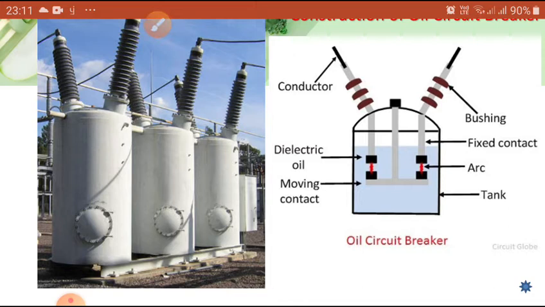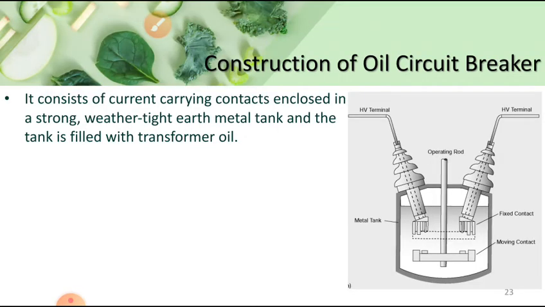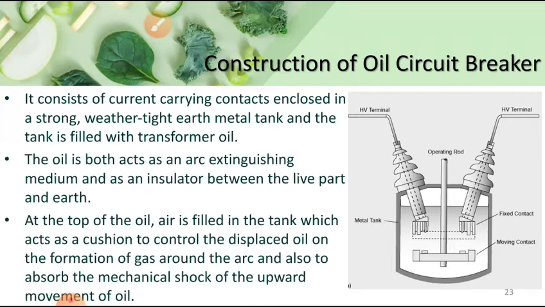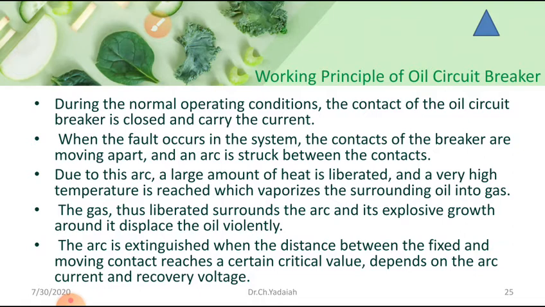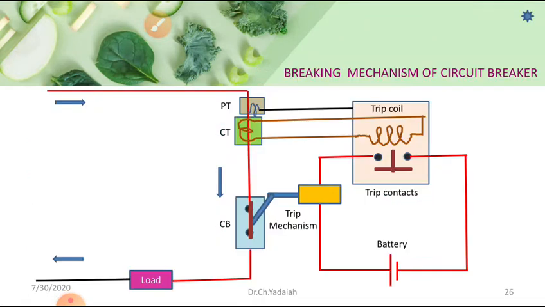Now you can see the construction, which we have already covered, and it is similar to this one. Now let us look at the working principle and the breaking mechanism of the circuit breaker.